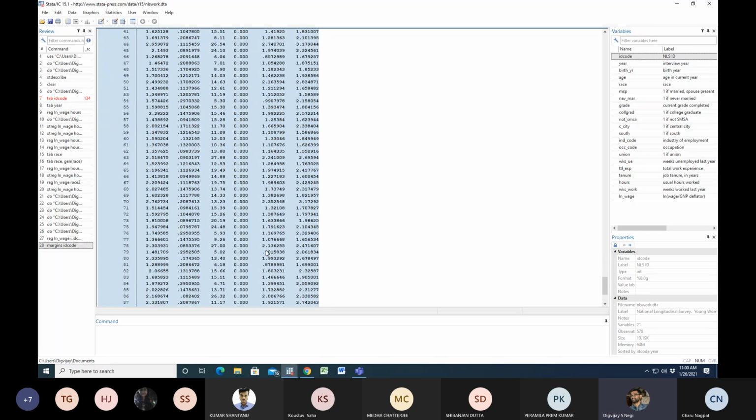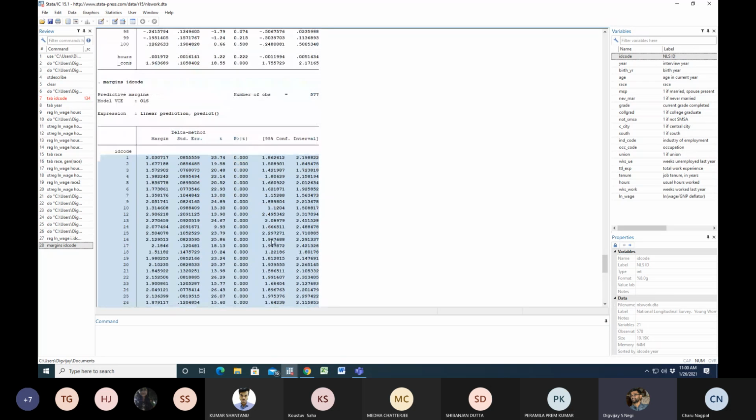These fixed effects were influenced by a variety of things. Things like race, education, training, experience, all of those are subsumed in these coefficients. It's basically a combination of all those individual factors which jointly were there in those dummy variables.